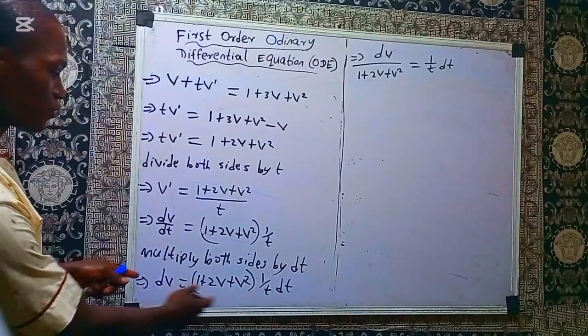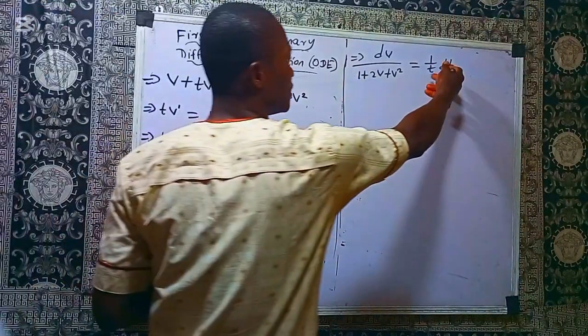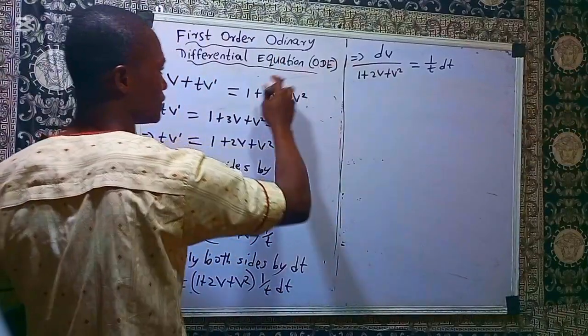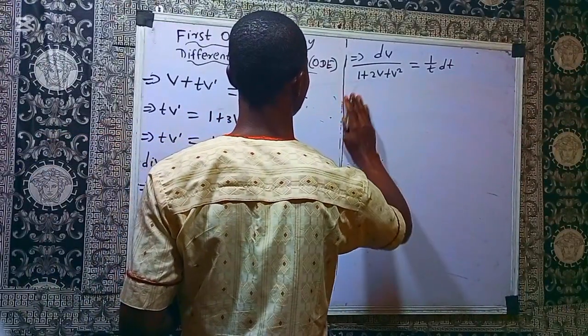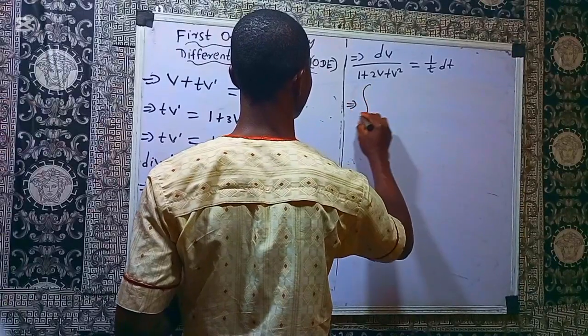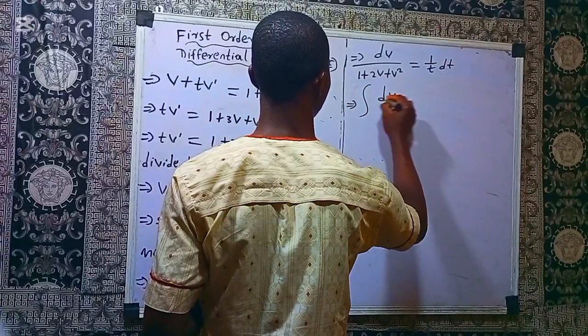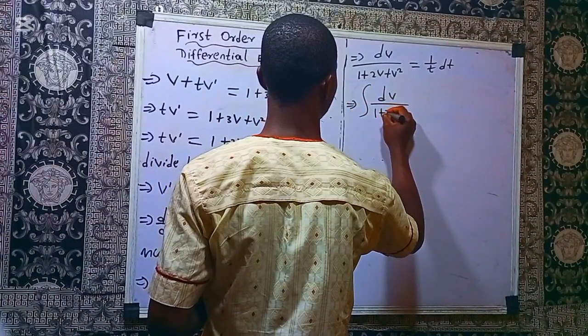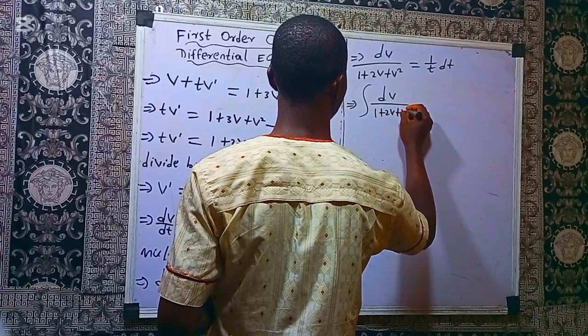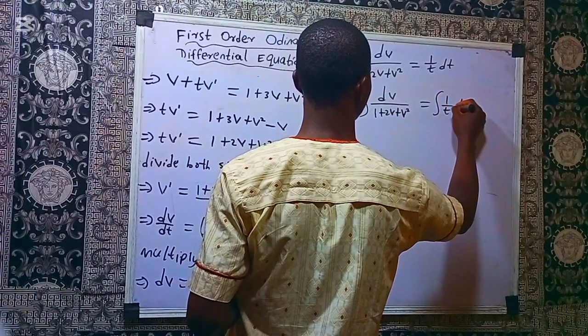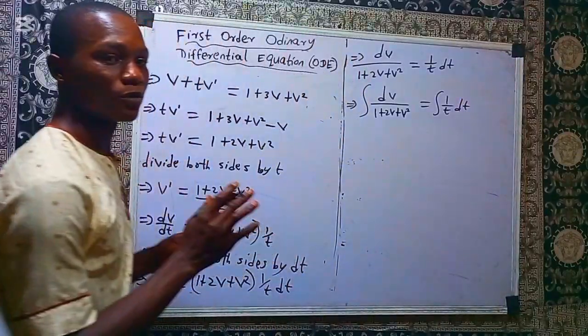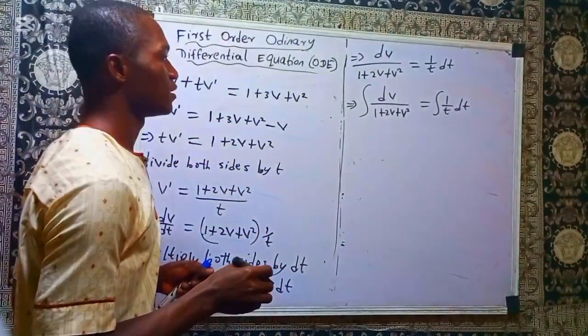So I have divided both sides. Everything about t is at the right, everything about v is at the left. So what do we do? Integrate both sides. This implies the integral of dv divided by 1 plus 2v plus v squared equals the integral of 1 over t dt.